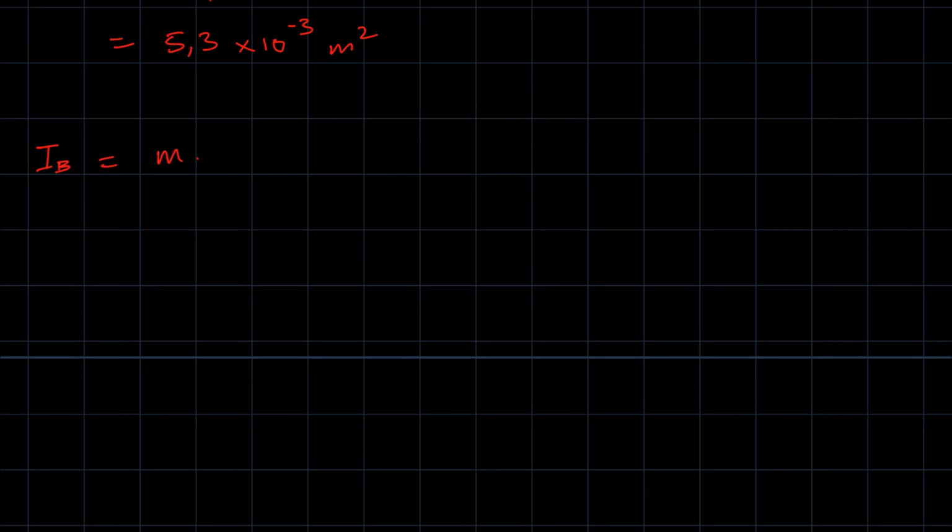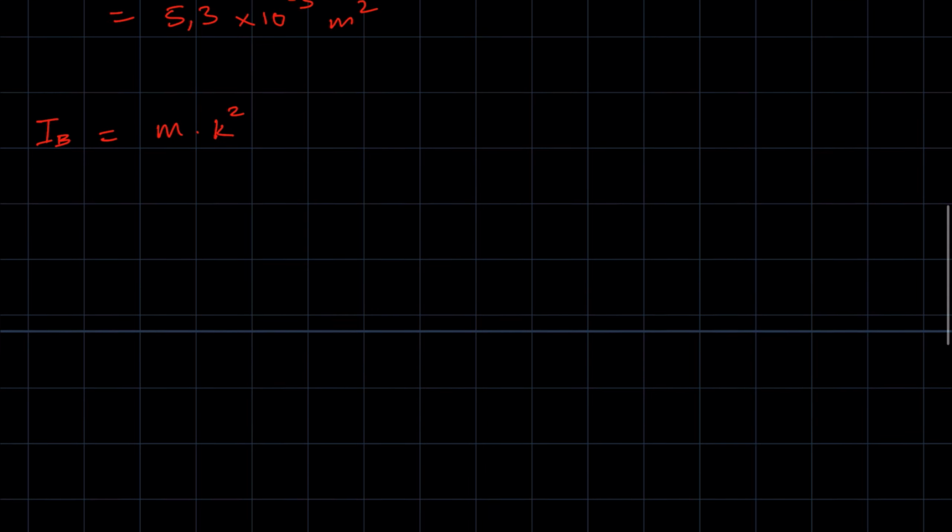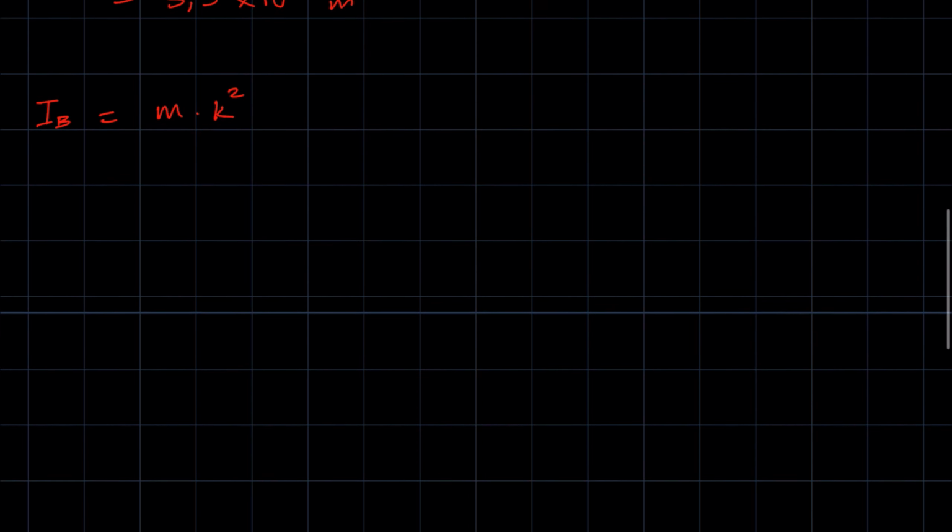The moment of inertia is mk squared. We have both M and K. So this would be equal to 19 here, and then here 5.3 times 10 to the negative 3.